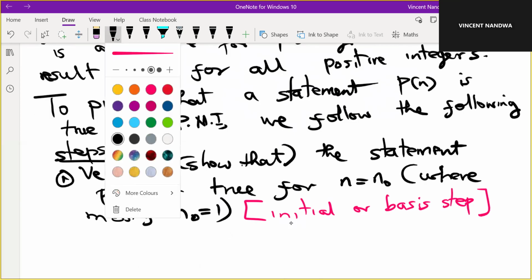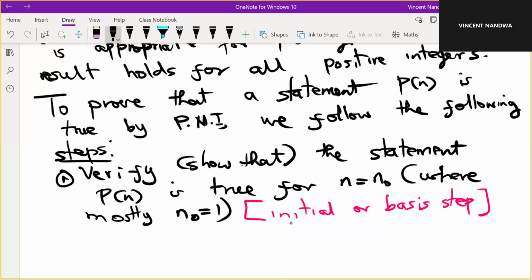So once you have done that, and that one is, in most cases, very direct to show that the statement is true for n equals n naught, where n naught is 1 in most cases.